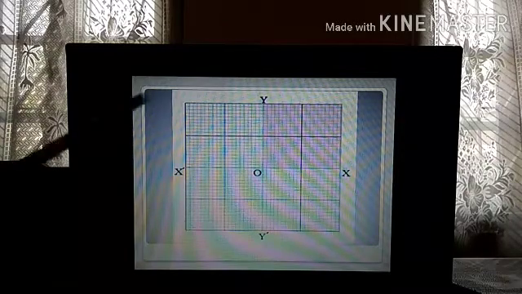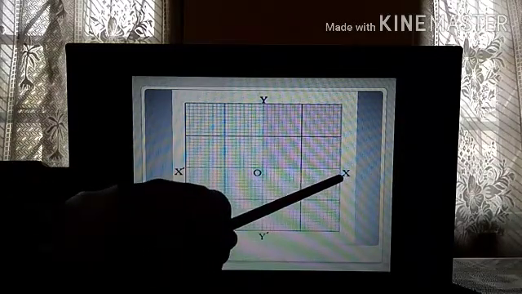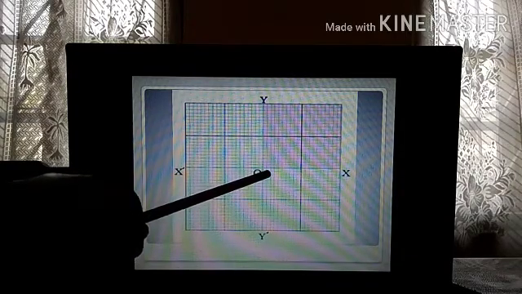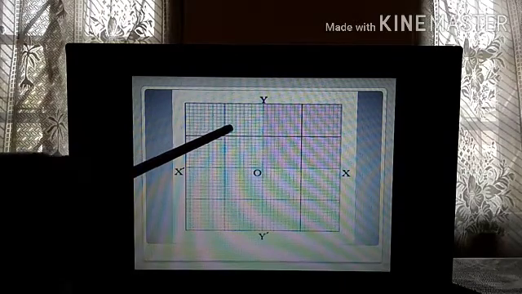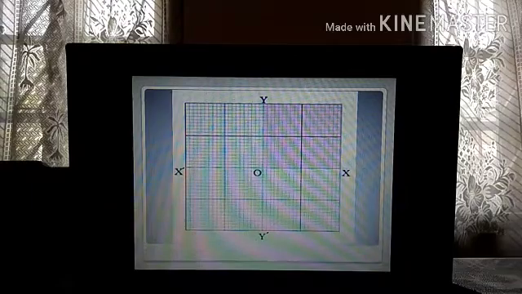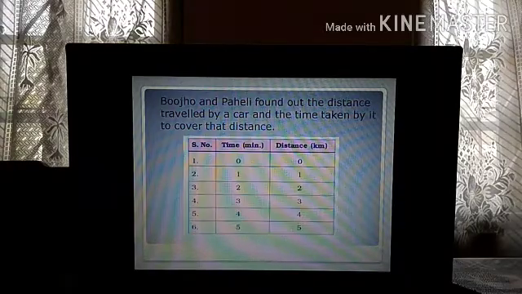Got it? So for the x-axis, since we are taking the time, 1 centimeter, that is one small box, is equal to 1 minute, and for the y-axis we are taking the distance. So 1 centimeter, that is one small box, we will take 1 kilometer, because in the table it is given in minutes and kilometers, so we have to take accordingly.